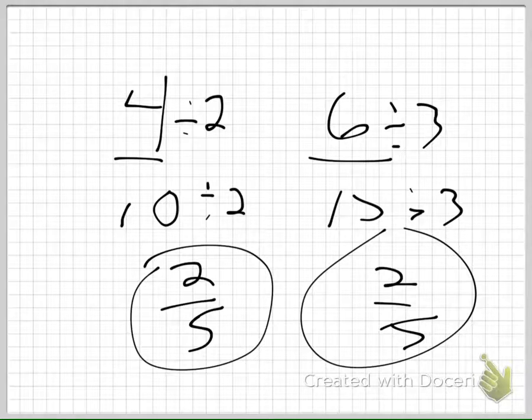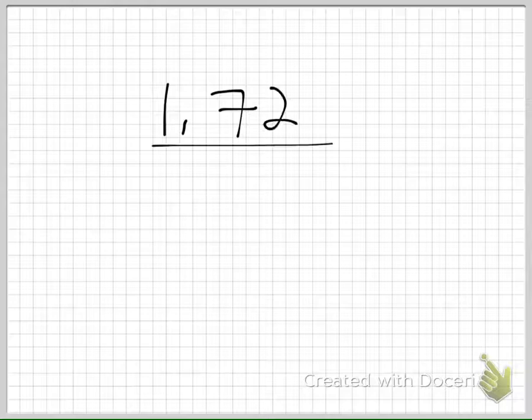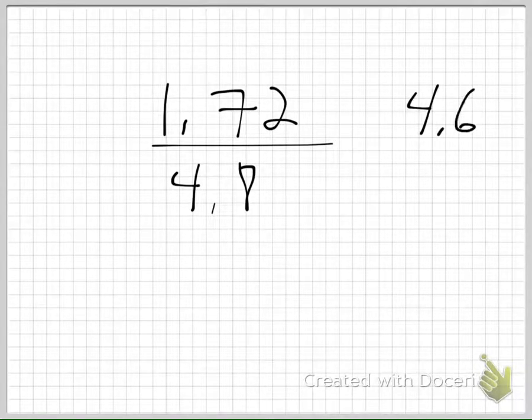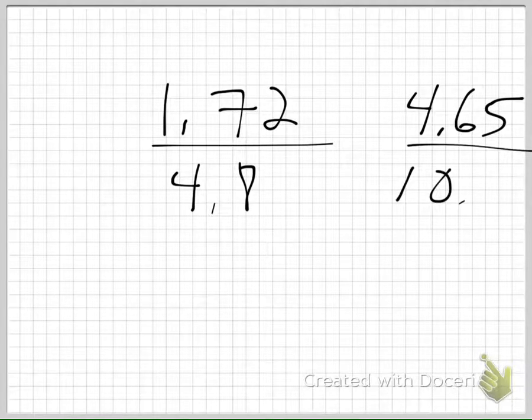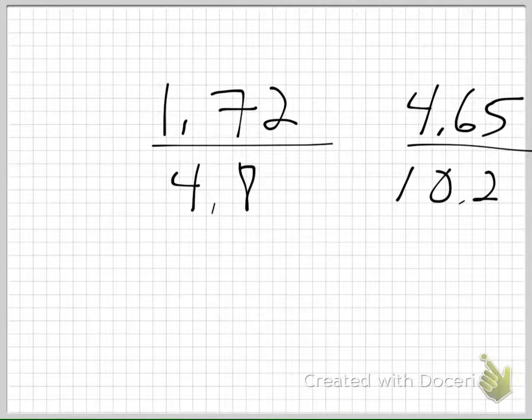Now, what if it's a big ugly one? What if it's 1.72 over 4.8 and 4.65 over 10.2. And you go, well, hold on. This is going to be a little less than half. That's a little less than half. They could be, right?